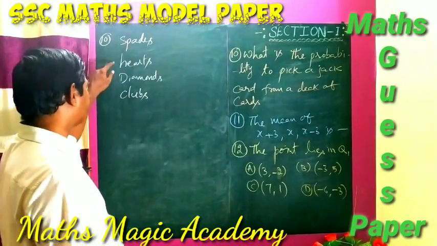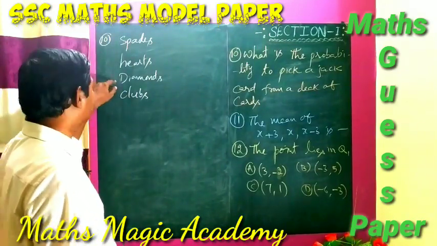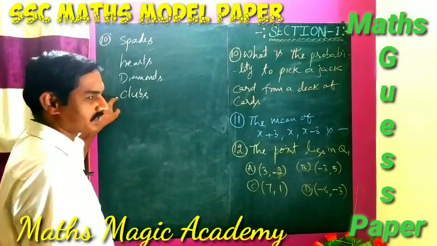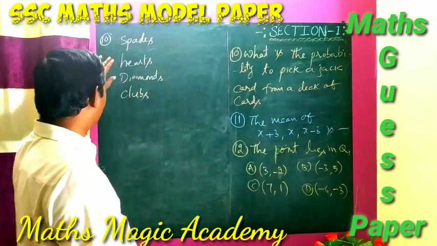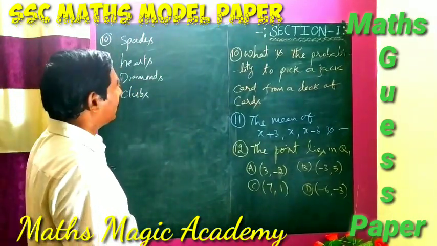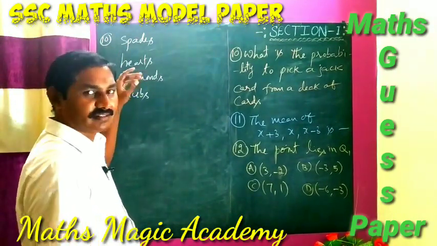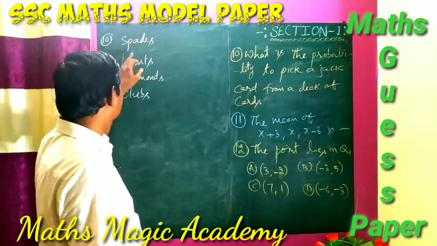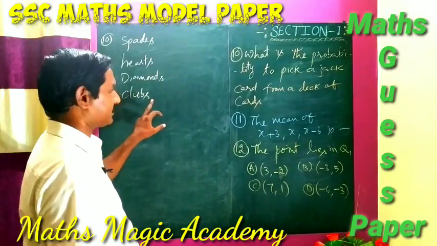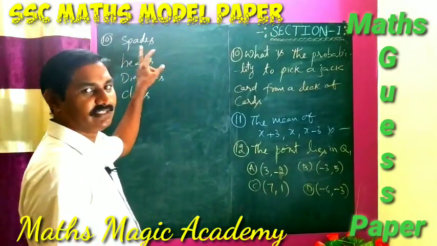Hearts and diamonds are red in color, spades and clubs are black in color. Based on colors and different types of cards, there is a chance to ask a question. That's why I am explaining spades, hearts, diamonds, clubs. In one deck, these types will be there.